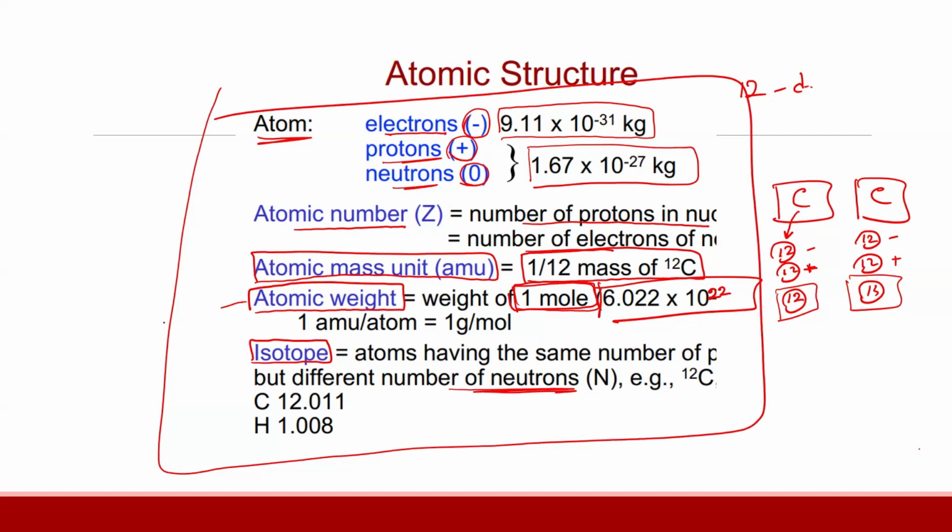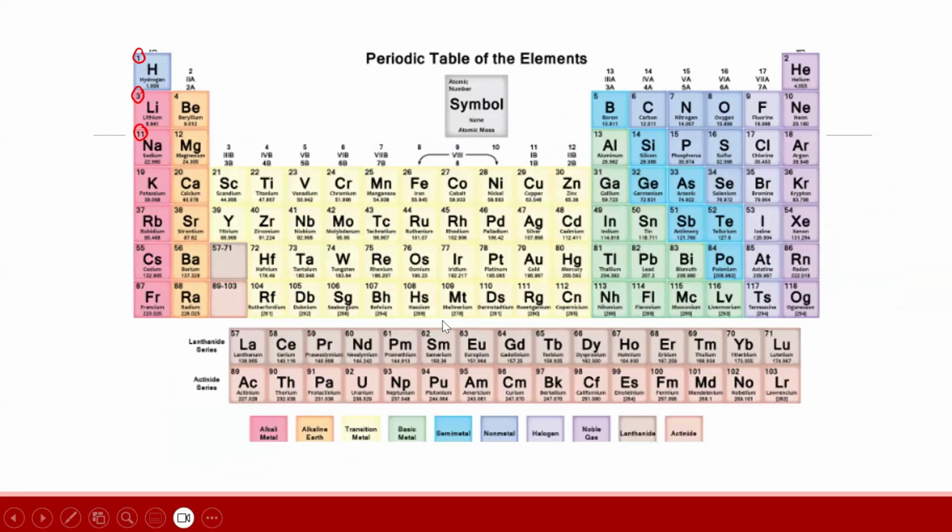So atomic weight is the weight of 1 mole. You can find it in your periodic table. At the top of any symbol, you can have the atomic number, which is the number of protons or number of electrons. But at the bottom of this symbol, you can find the atomic weight. That means grams per mole. How many grams is a mole of this atom?